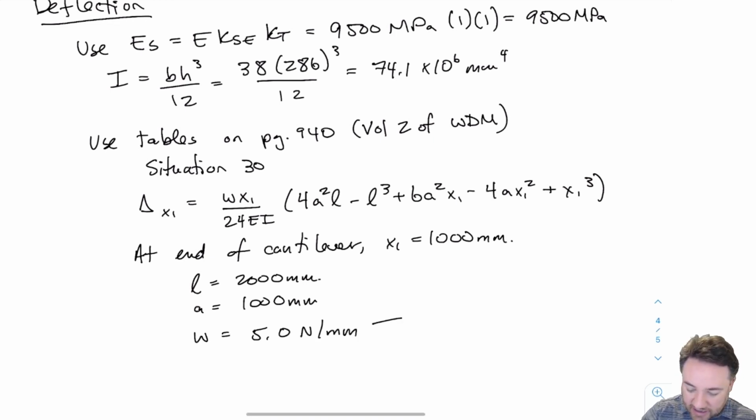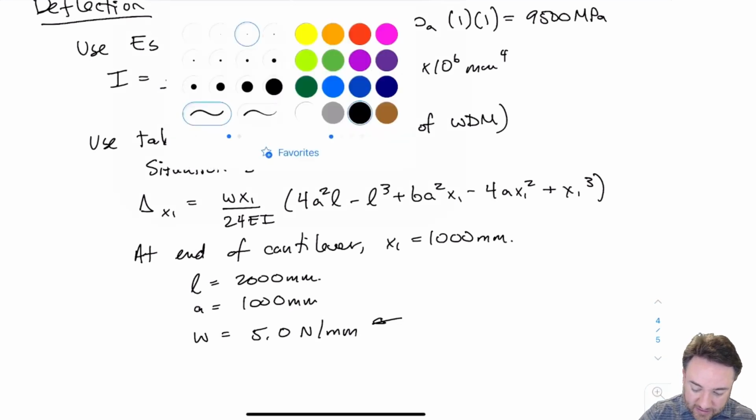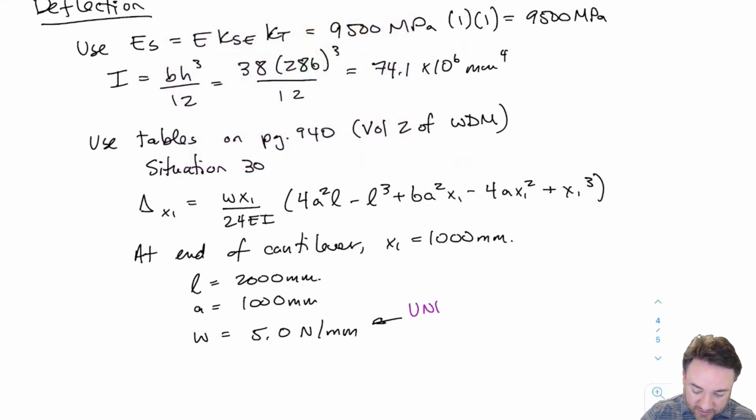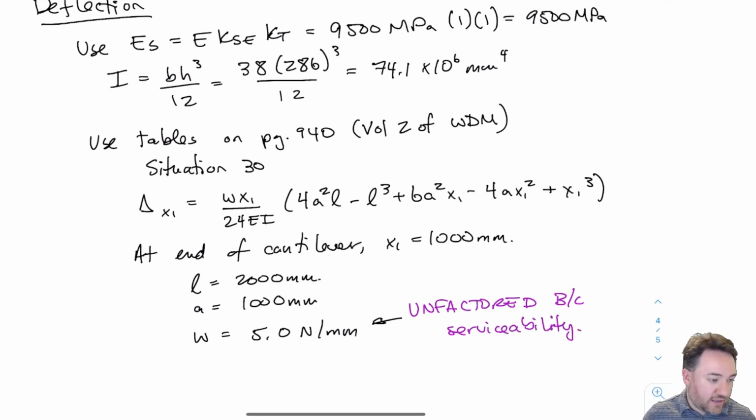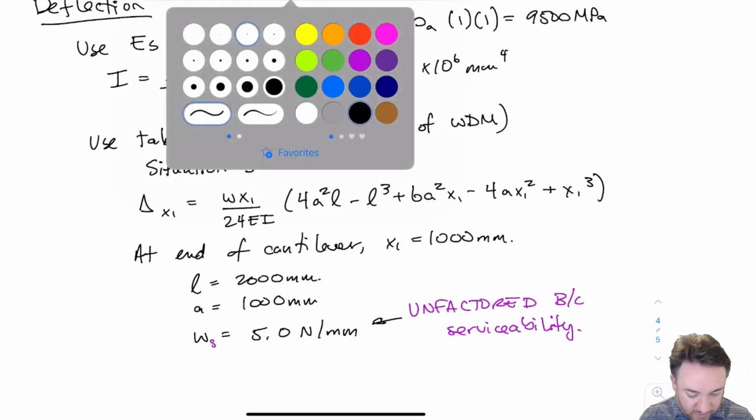This is my unfactored load, right? This was my unfactored snow load. So I have not applied the 1.5 factor to this number because we're checking deflection, which is a serviceability limit state. So we have to use unfactored. This was our WS, which is our specified load.